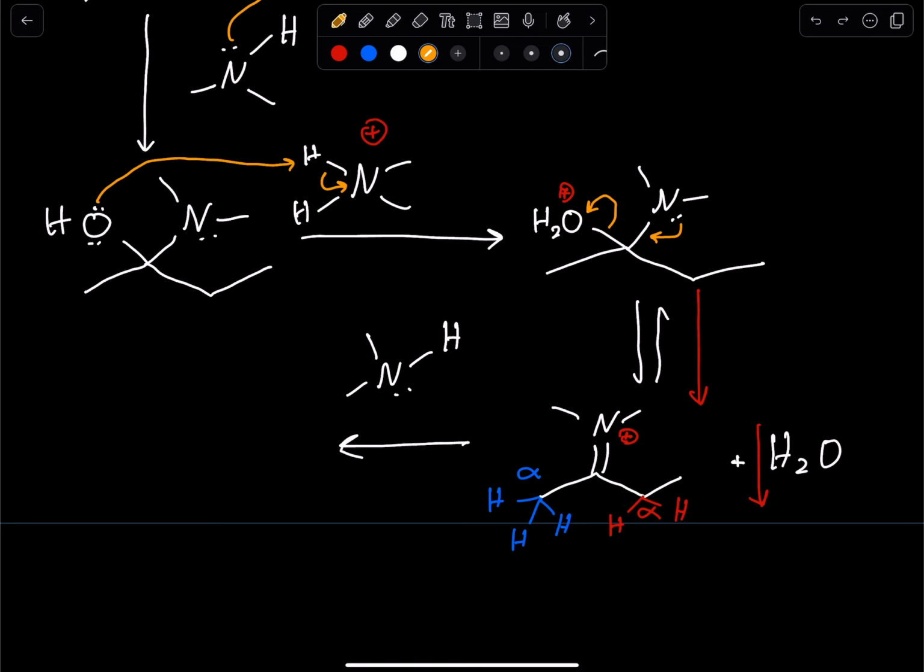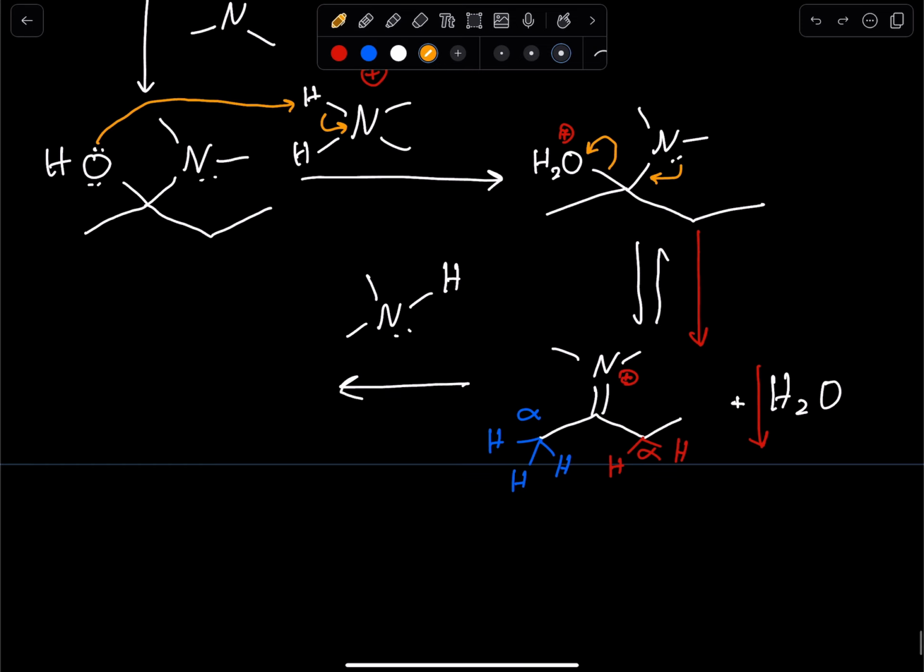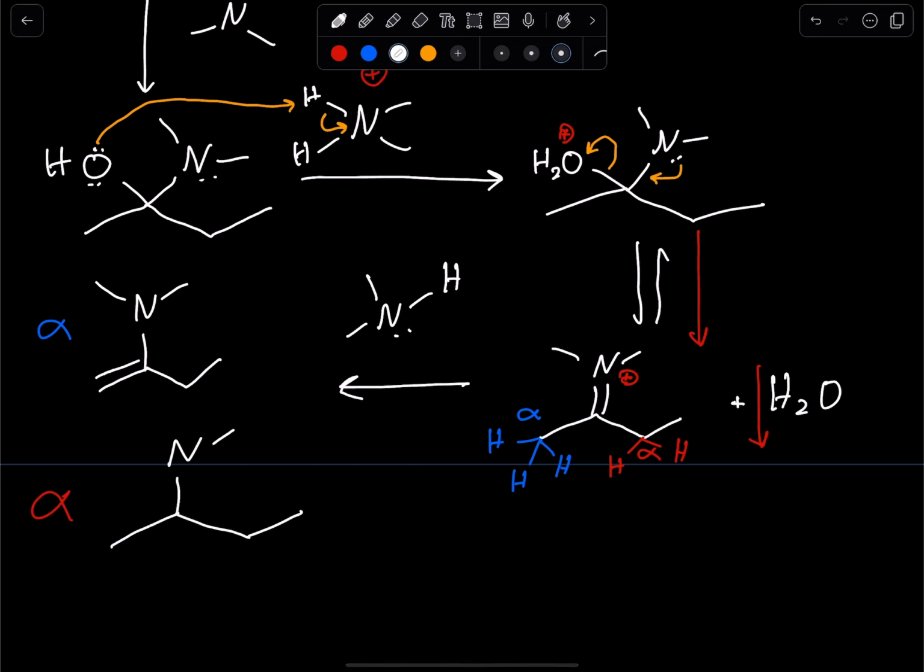Now, let's explore the outcomes of each one. If we use one of the blue protons, we will get a product like this. If we use a red proton, we will get an outcome that looks like that.